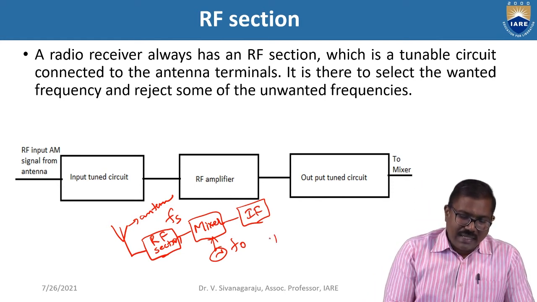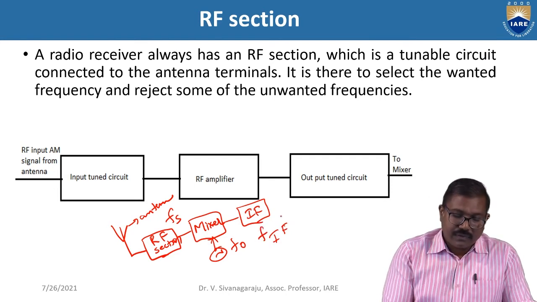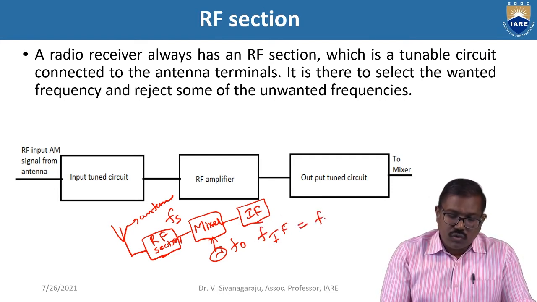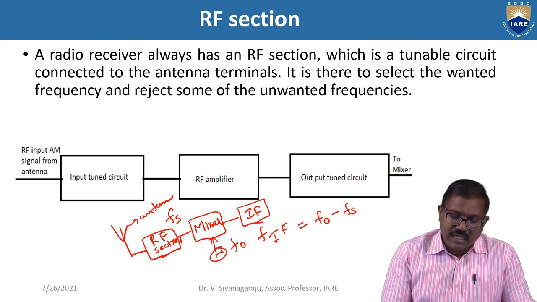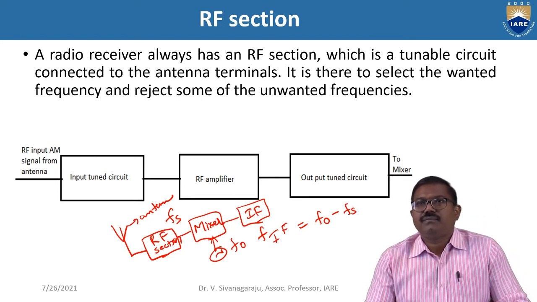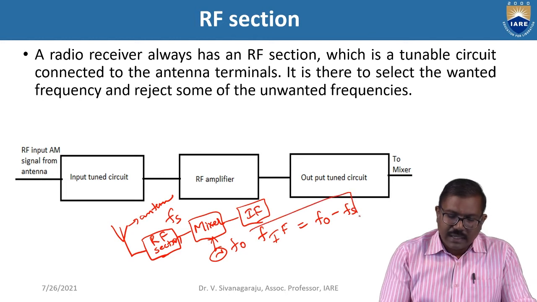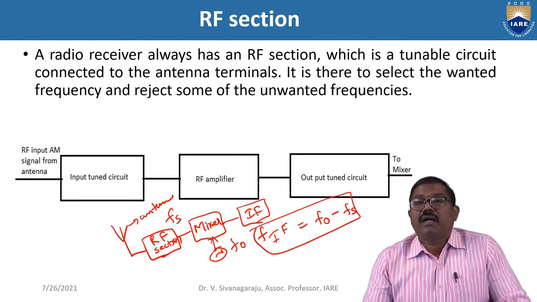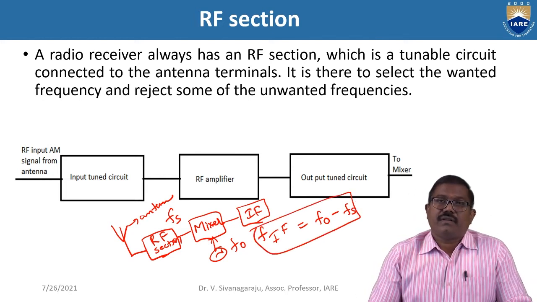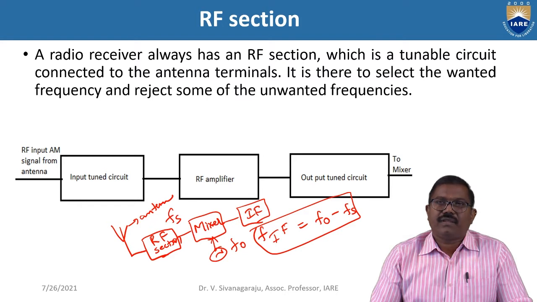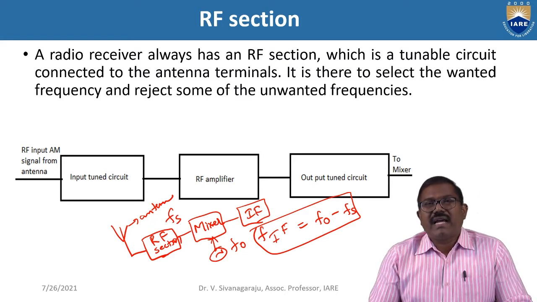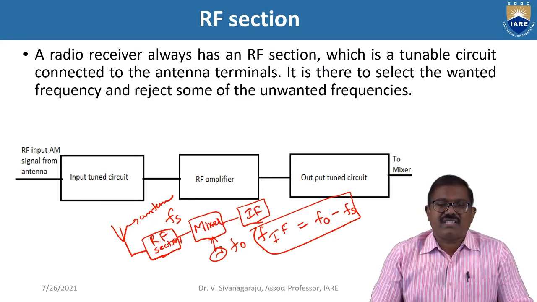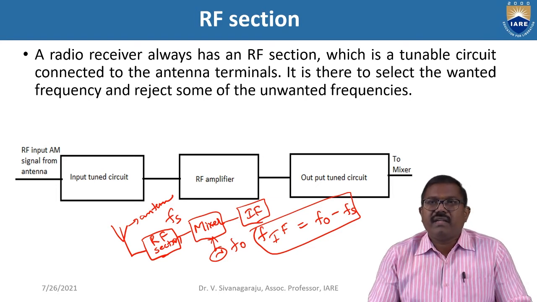The IF, that is the intermediate frequency signal, is equal to F0 minus Fs. Generally this IF is a low, fixed frequency.